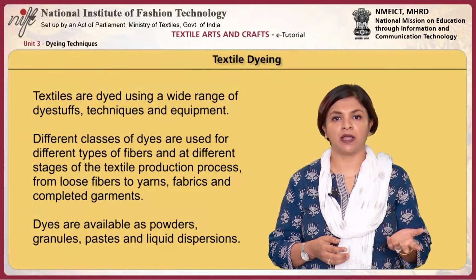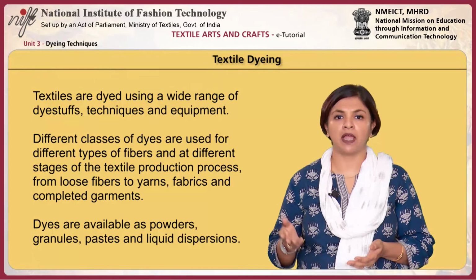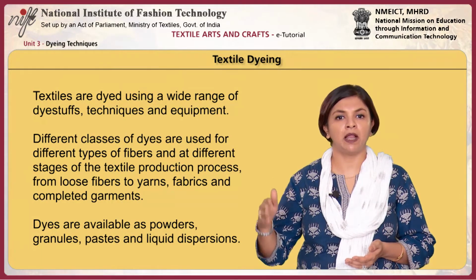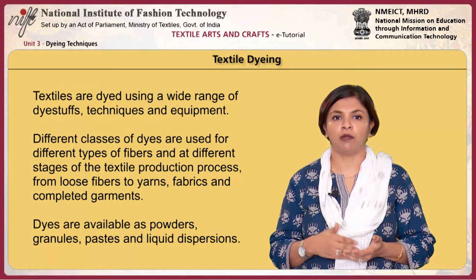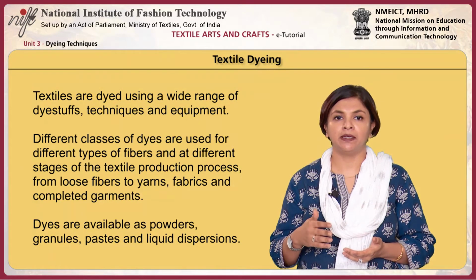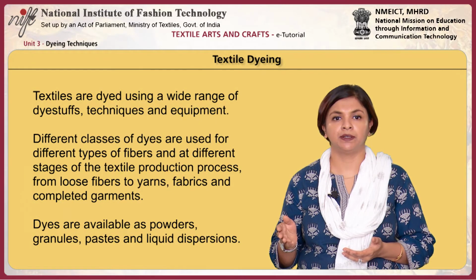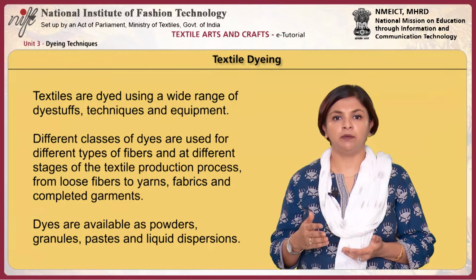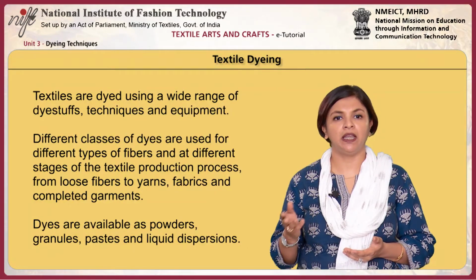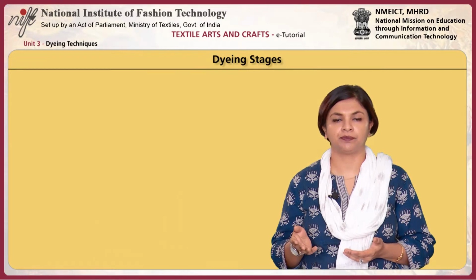Different classes of dyes are used for different types of fibers and at different stages of the textile production processes, from loose fibers to yarns, fabrics and completed garments. Dyes are available as powders, granules, paste and liquid dispersions.